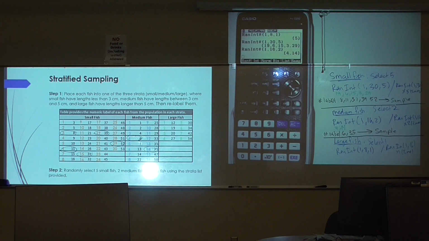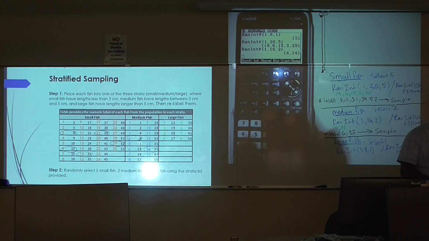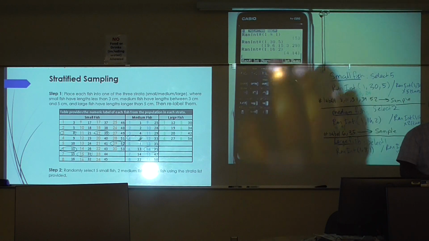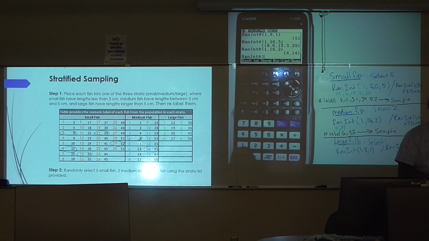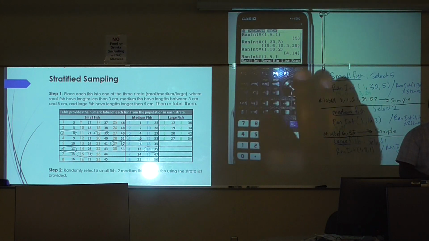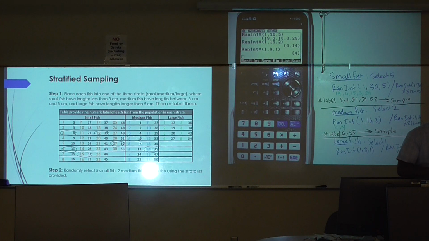Now for the large, we choose 1 of the 8, so I go to options, probability, randInt, 1, comma, 8, comma, 1, enter it, and I get 4.